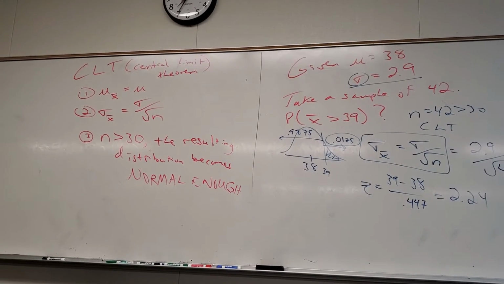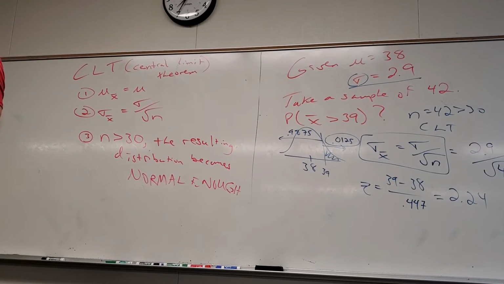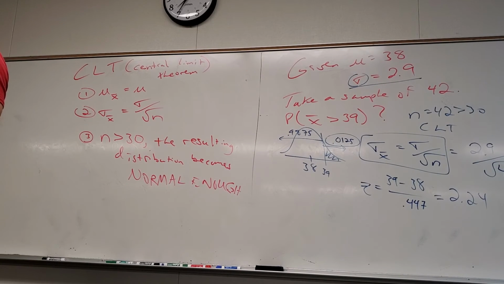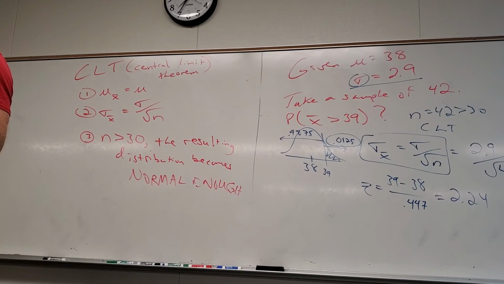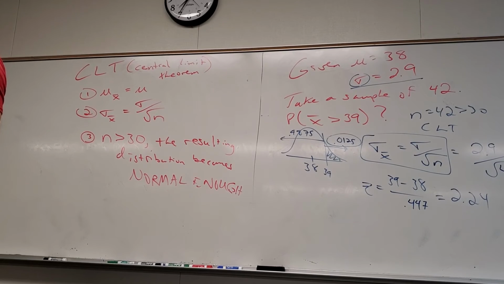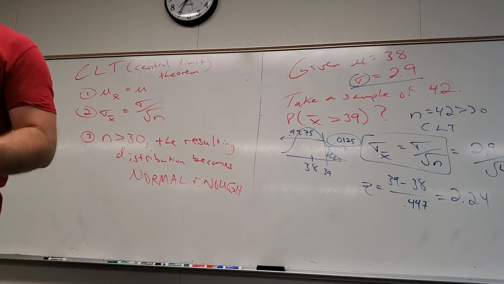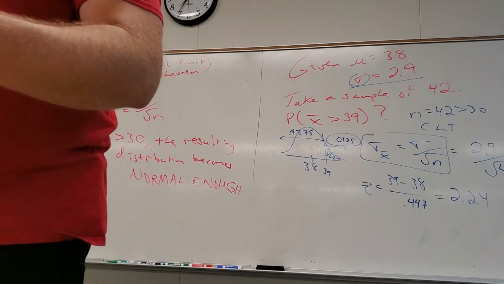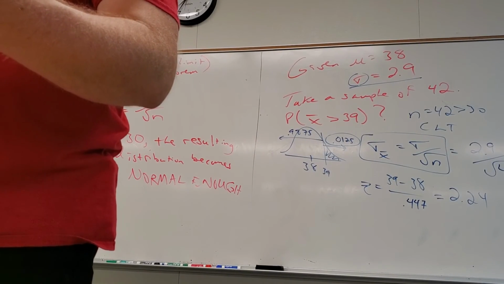So try to do number 1, and I will tell you this. Look at 1A. How many people am I dealing with in 1A? I'm not taking a sample, right? I'm doing the probability of an individual person. Why am I allowed to do that?